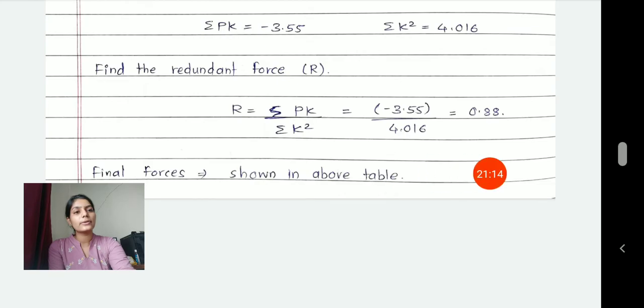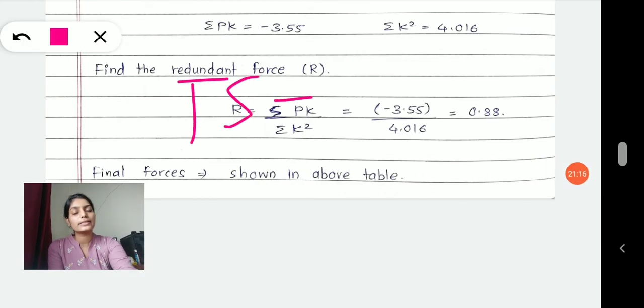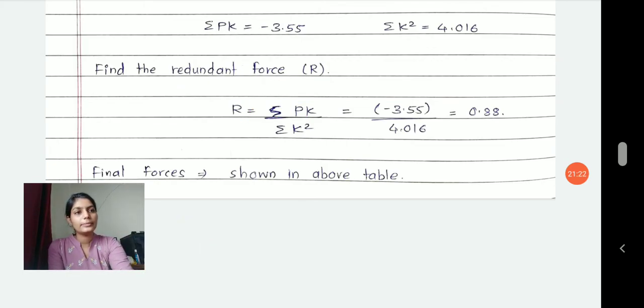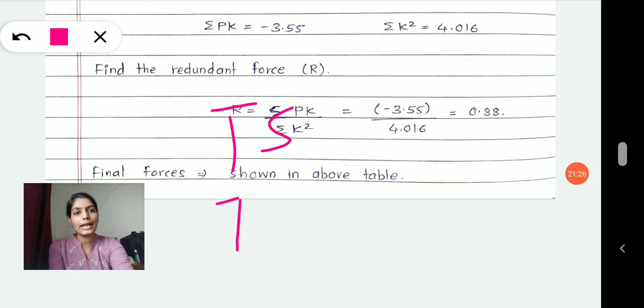Next is your thermal stresses. For thermal stresses, what is the formula? For thermal stresses one more formula, and for lack of fit you have another formula.